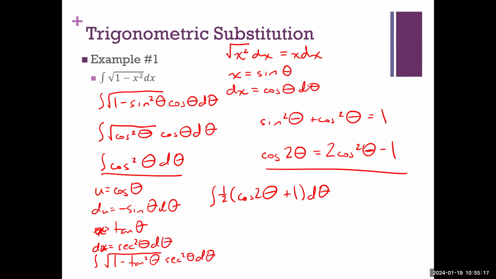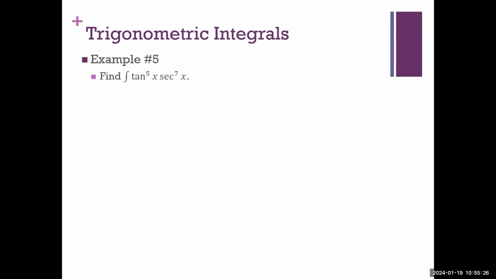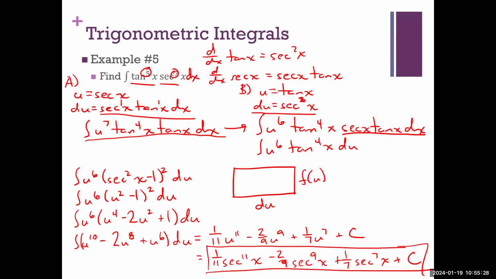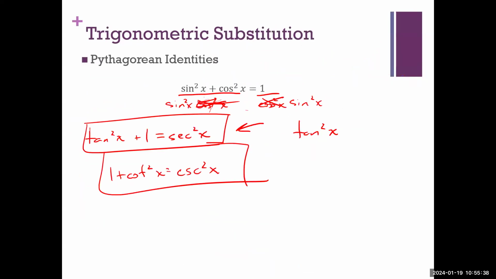Can I rewrite 1 minus tangent squared theta in anything useful? I think if it was 1 plus tangent squared, I'd be happy, right? That's true, right? So if it was tangent squared minus 1, that'd be secant squared, right?